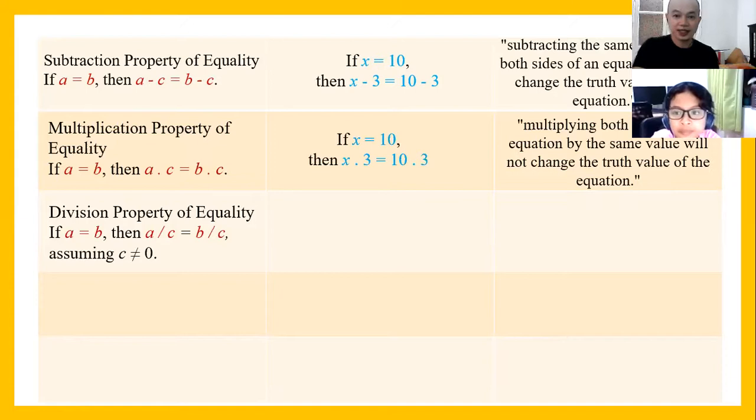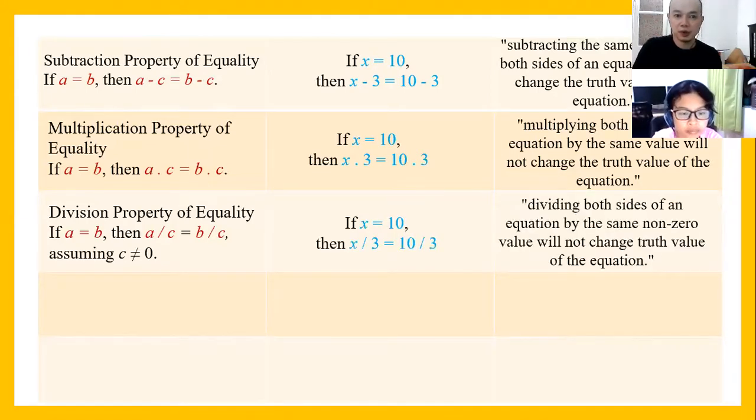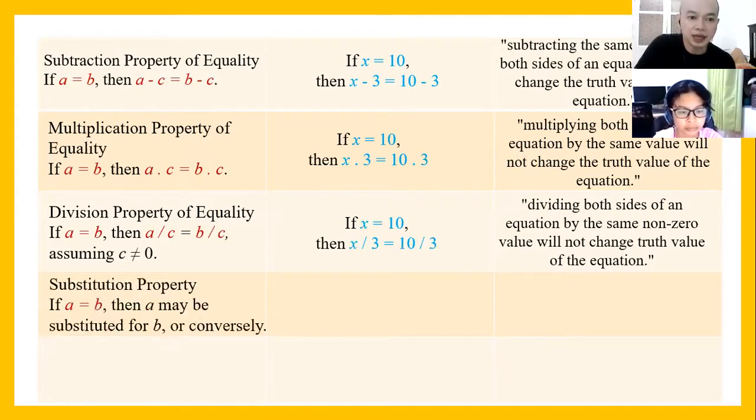Okay, Kristel? All right, so that's it. It's pretty easy to remember. The addition property of equality, multiplication property of equality, subtraction property of equality, and division property of equality. Okay? Is it easy to remember and understood? Okay. We'll see. Let's have the next one.